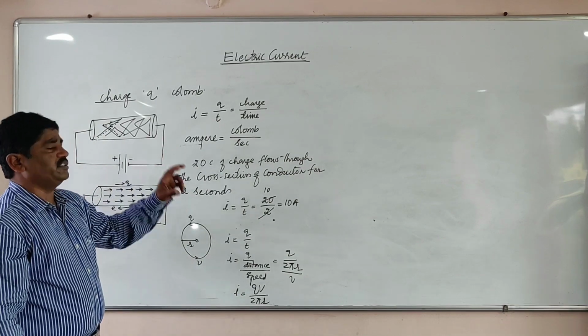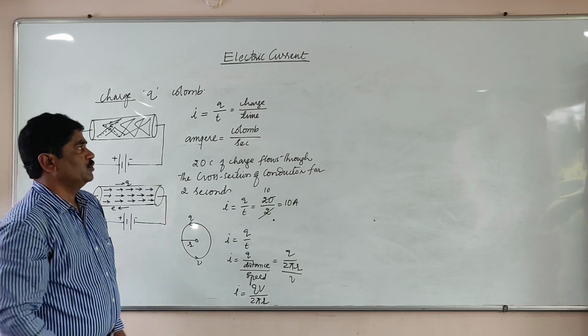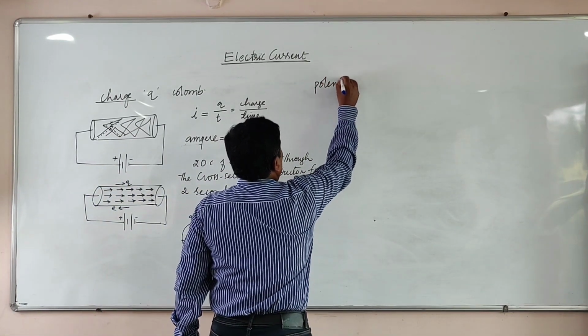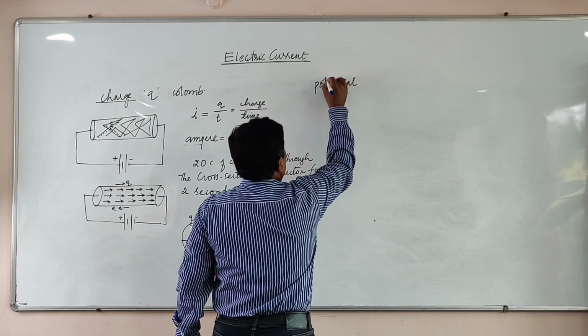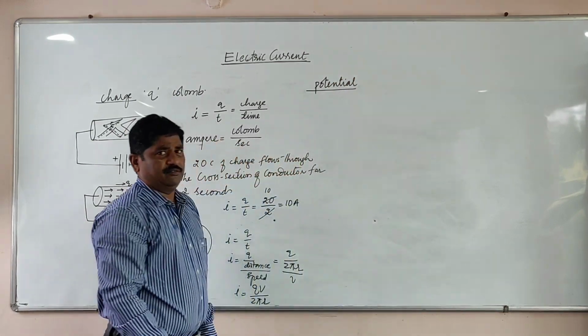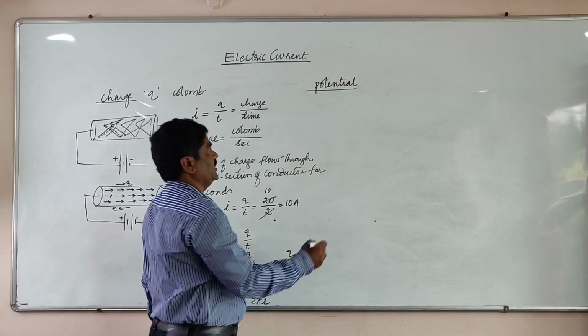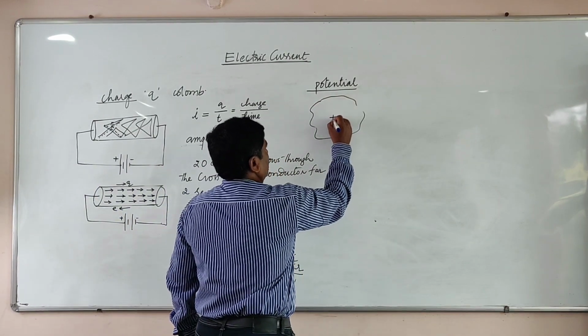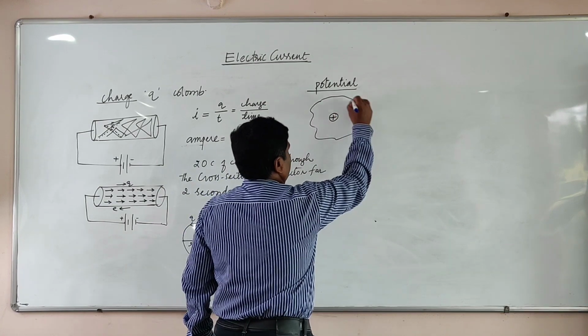Now, how does this electric current flow? For that, you have to know about the potential. What is potential? For example, imagine a positive charge Q producing an electric field.